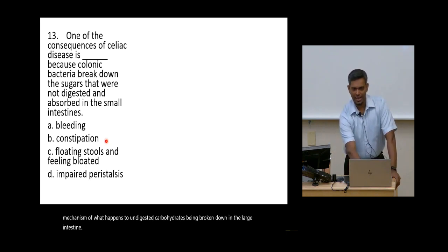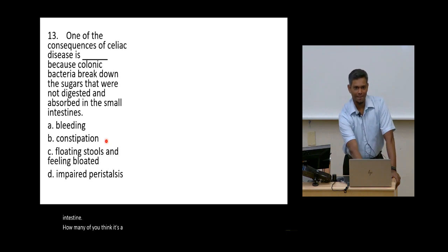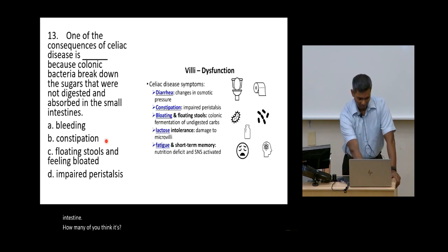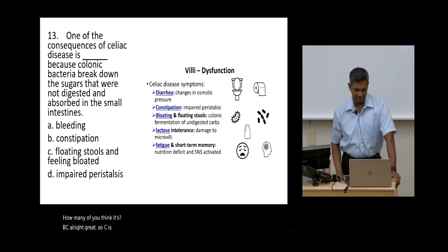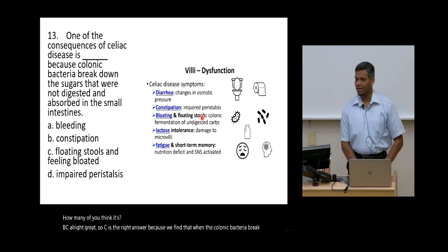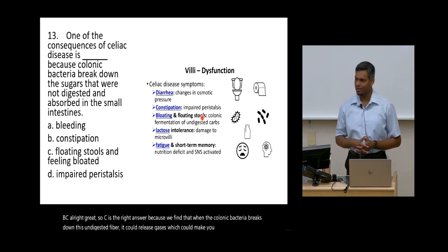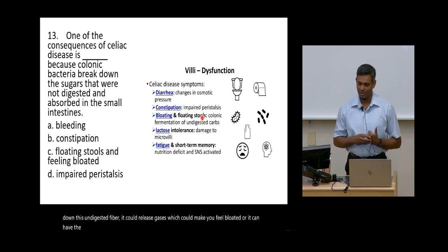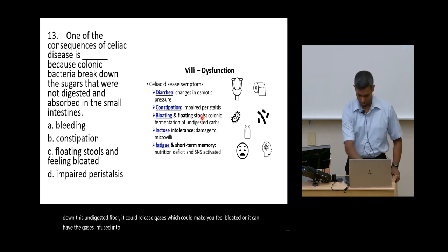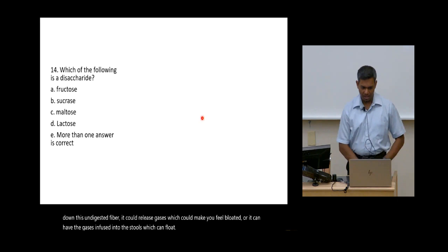How many of you think it's A, B, C? All right, great. So C is the right answer, because when the colonic bacteria break down this undigested fiber, it could release gases which could make you feel bloated, or it can have the gases infused into the stools which can float.